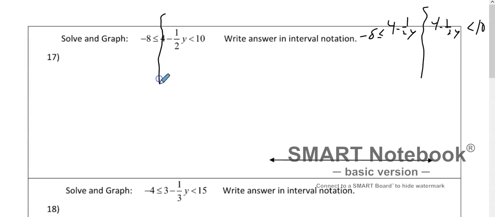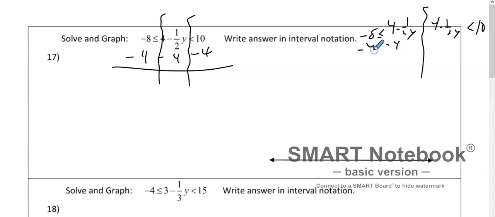Now what I like to do is put some bars here to remind myself that I have 3 places. Now, when you see this 4 minus 1/2, some people go, oh, I should add 4 because there's a minus there. No, the 4 is positive. So I'm still going to subtract 4 here, here, and here, which I would do over here also.